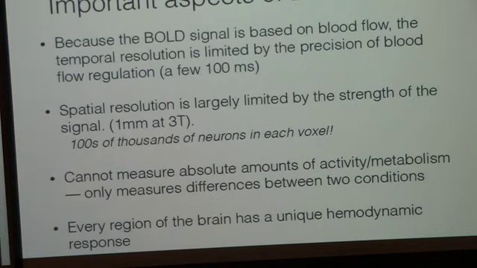But normally we do 1 or 2 millimeter resolution. Also, it cannot give an absolute measure of the neural activity or the metabolism. It is a relative measurement to see whether there is an activation or not compared with other areas of the brain or compared with your resting state without the stimulus.